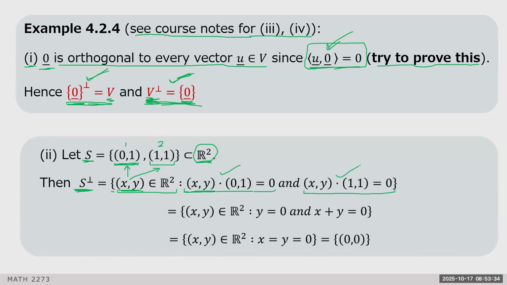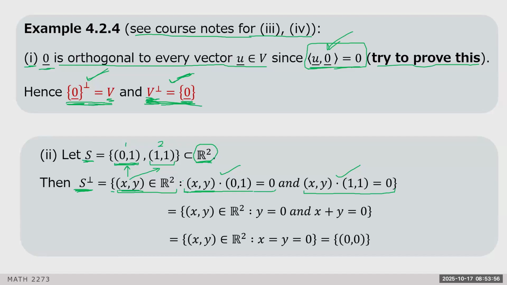Because we have two vectors in S. Each of these conditions imposes a constraint, and usually constraints in linear algebra take the form of linear equations.